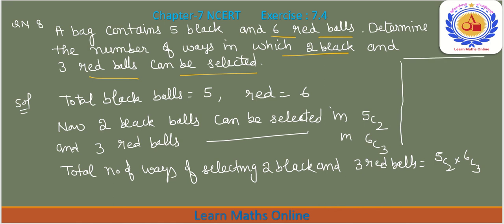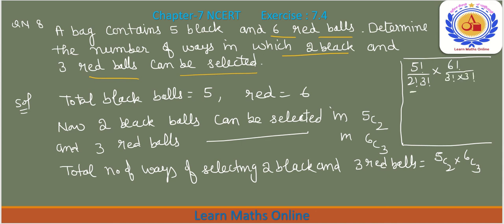Now we will simplify. 5 factorial over 2 factorial into 5 minus 2 factorial, into 6 factorial over 3 factorial into 6 minus 3 factorial.